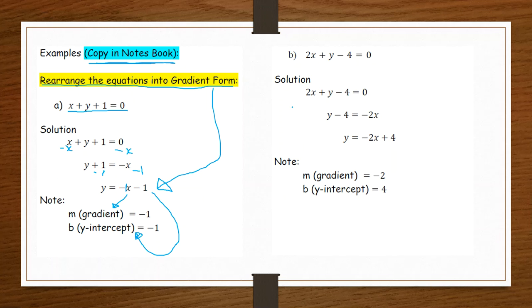For example B, 2x plus y minus 4. So this is the general form. And we want to get y equals for our gradient form. So 2x plus y minus 4 equals 0. Take away the 2x from both sides.